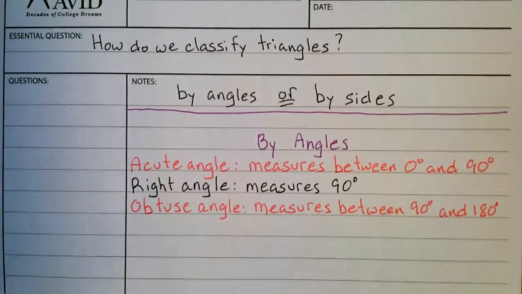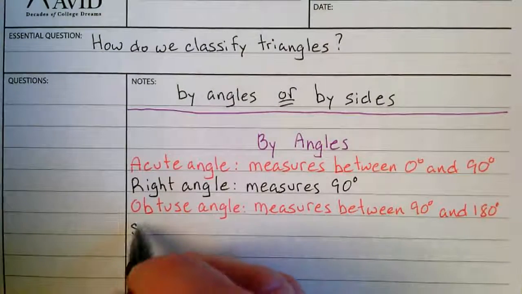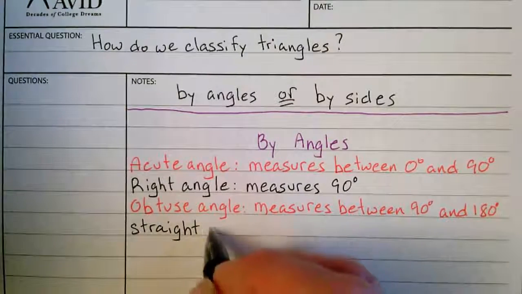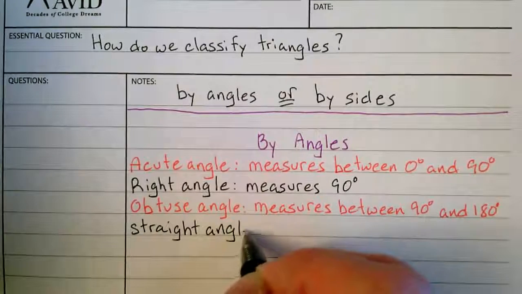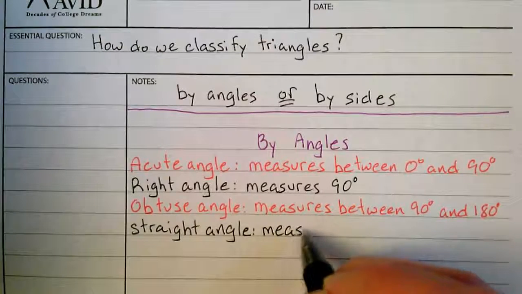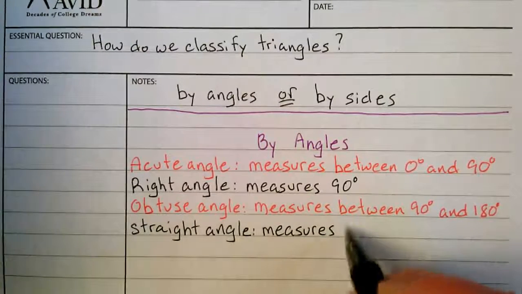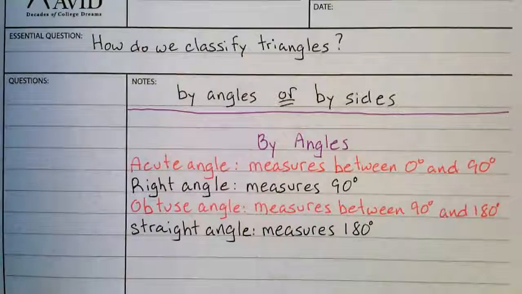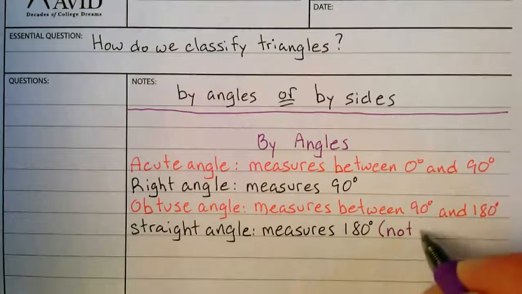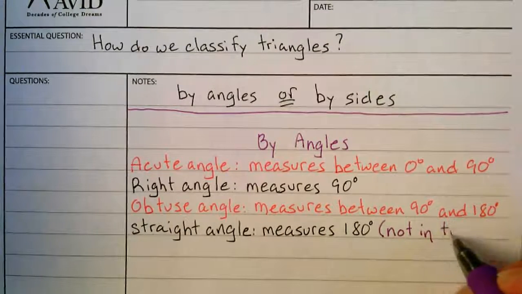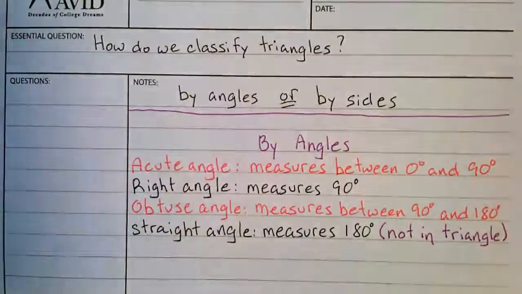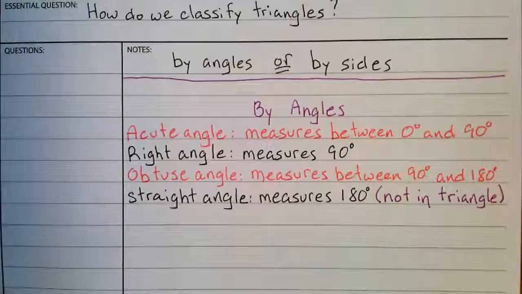We also have a straight angle, which measures 180 degrees. Of course, a straight angle isn't found in a triangle, right? You can't have a straight angle in a triangle. That wouldn't make any sense.